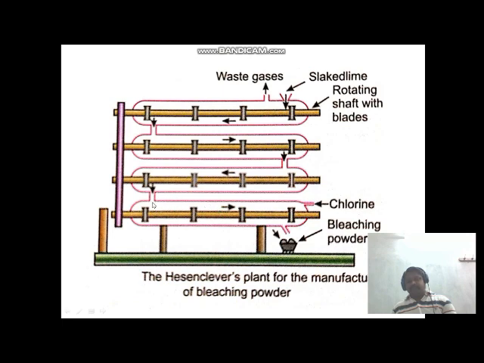Why? Because when the slag lime comes here, the reaction is mostly done here only. If any excess chlorine gas is there, it goes into the upper cylinders and finally goes outside. That is the reason. But about 98 percent of the chlorine reacts with the slag lime in this last cylinder only.